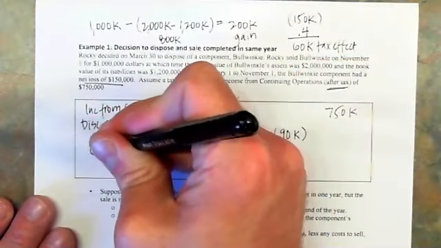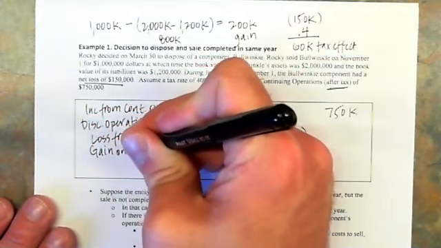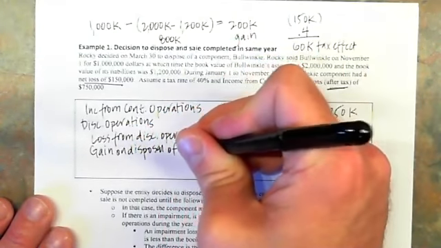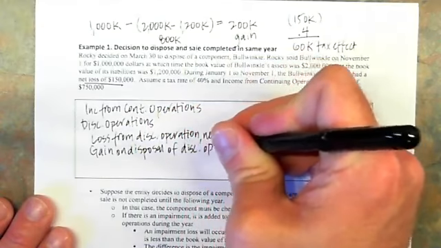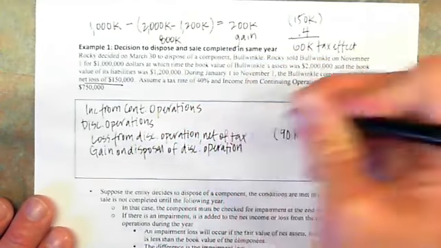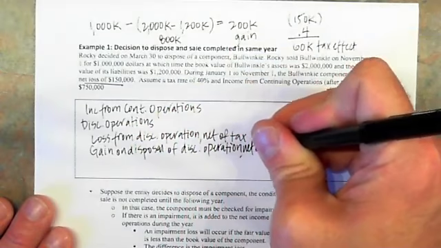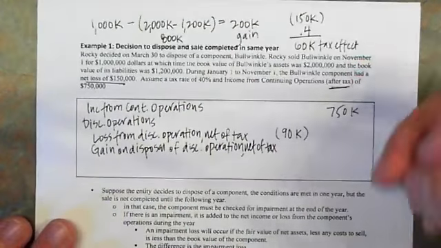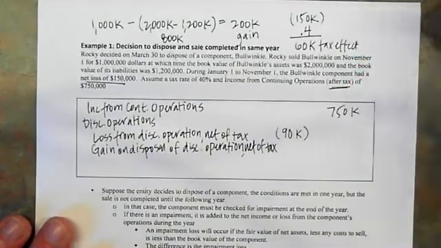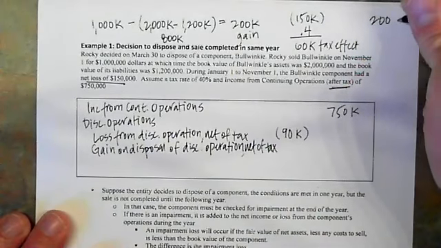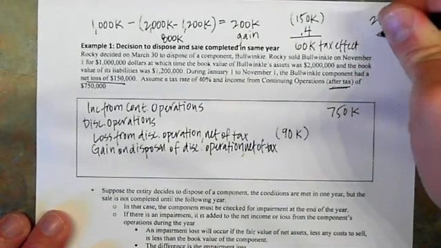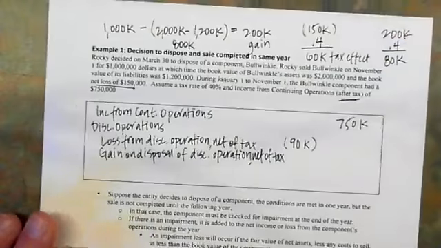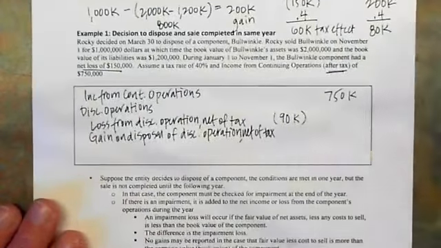So a gain on disposal of the discontinued op, and again, net of tax, is going to be $200,000, but we have to net the tax effect. So in this case, the tax effect is going to be extra taxes because we're recognizing income, we're recognizing a gain.